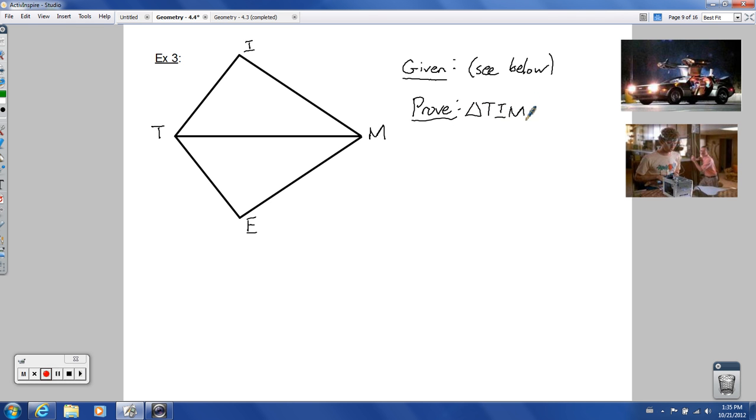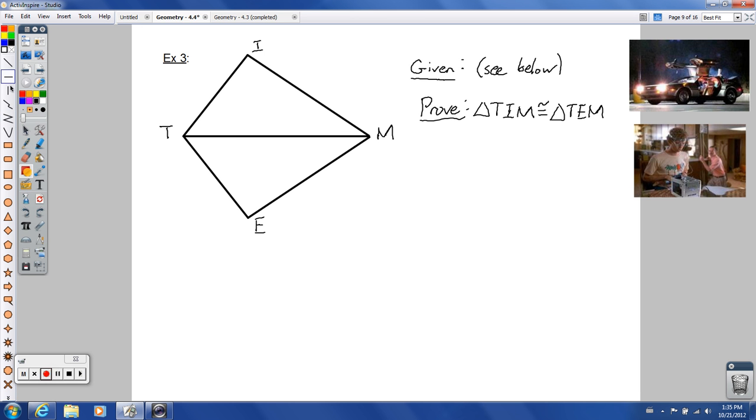How would that match up with the other triangle? It looks like to me it should be TIM, and the similar order down here would be TEM. So triangle TEM. So let's work on a two-column proof now. So let me bring this back out, and let's make our statements and reasons columns.